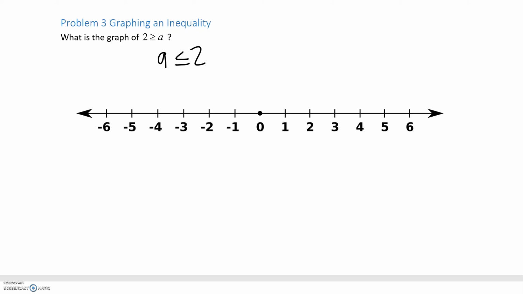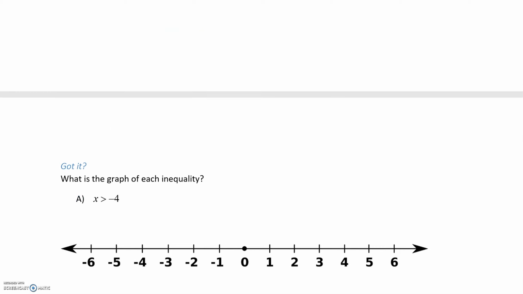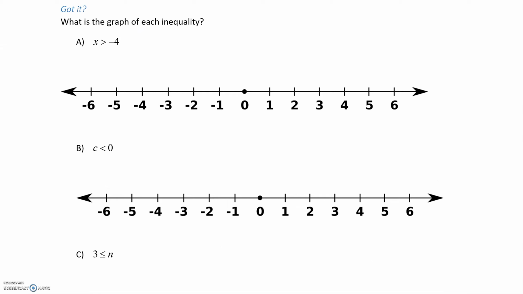Okay, so we're going to find 2 on the number line. So we've got it right here. Since this is a less than or equal to, we're going to give it a closed dot. Should have closed dot on 2, and our arrow is pointing to the left, so we are going to shade to the left. Okay, and that's all we're doing. Okay, so go ahead and start graphing your got it problems.